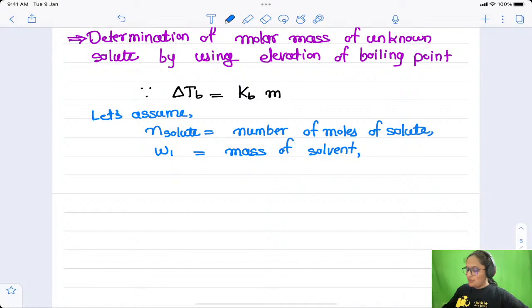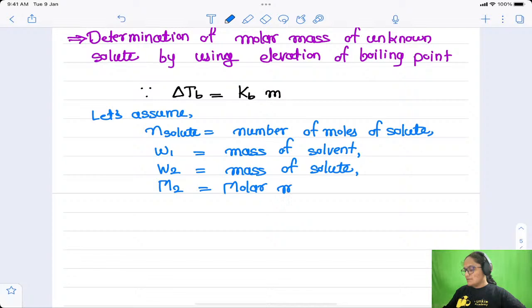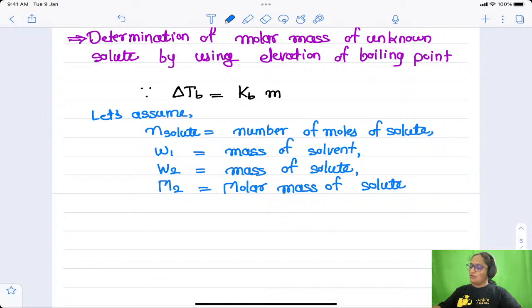Then W2 is equal to the mass of solute. And M2 is the molar mass of solute. Number 2 is for solute, number 1 is for solvent, right?